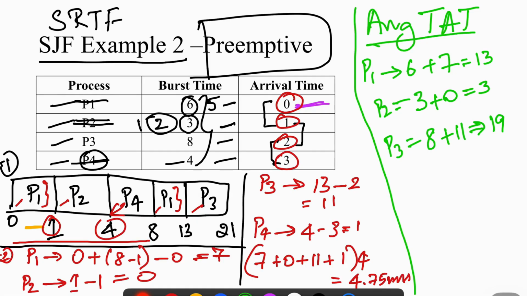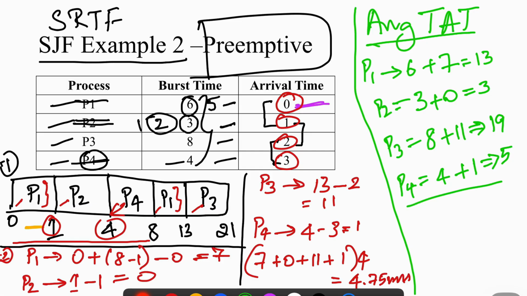So this is 19. Then I have P4, wherein burst time is 4 plus waiting time is 1. So this becomes 5.